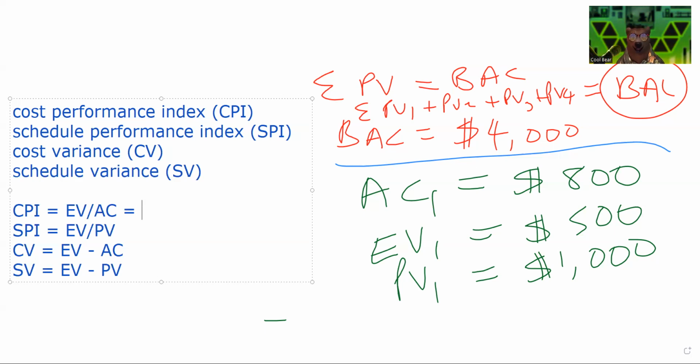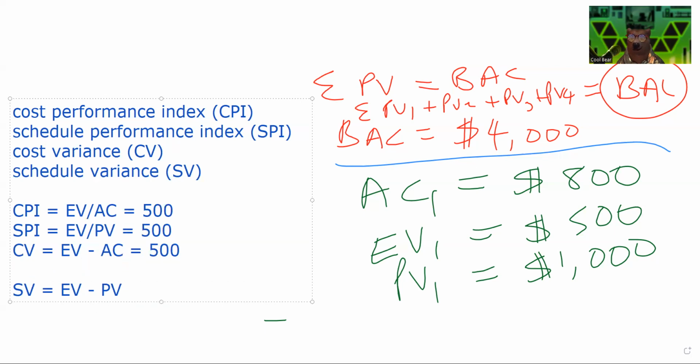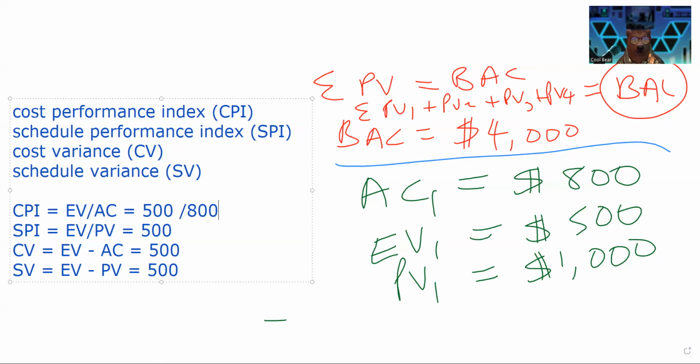Earned value starts off every single one of these, so we could put the 500s into all of them. Where we have the actual cost, it's going to be a division. That's 500 divided by 800.